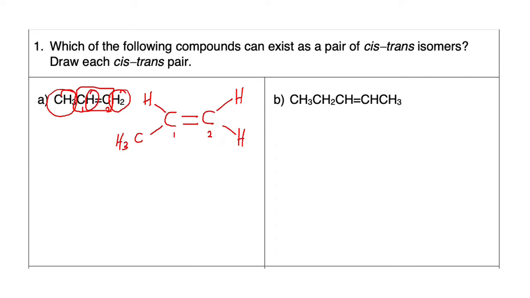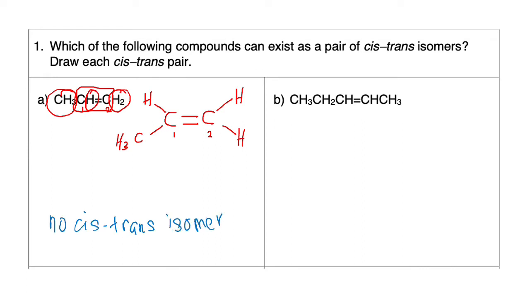Okay. Once you open the structure like this, then it's easier for you to identify whether this compound can exist as cis-trans or not. So if you ask me, the answer is no, cis-trans isomer. Okay, why is it?